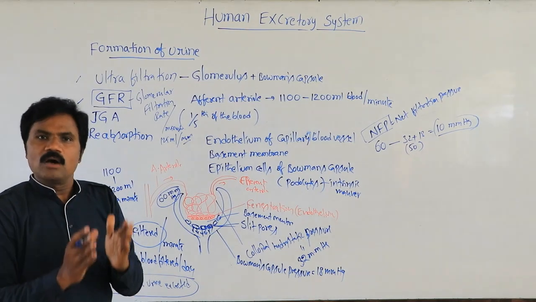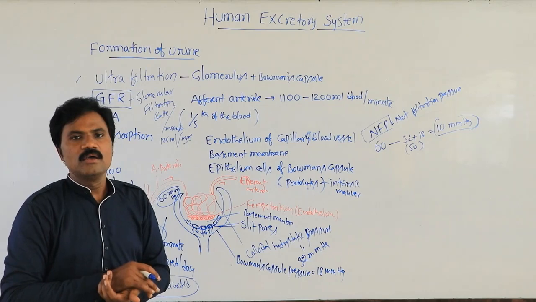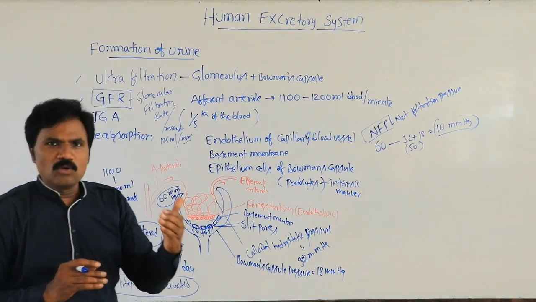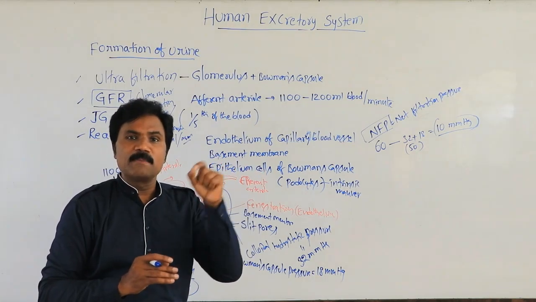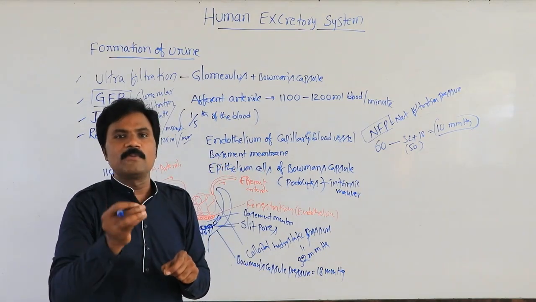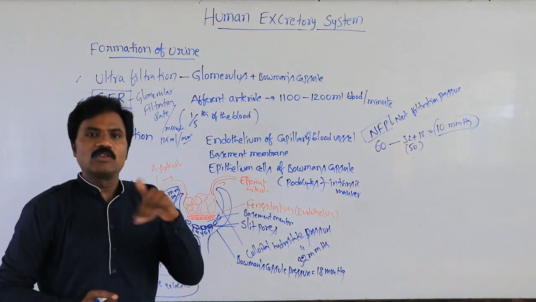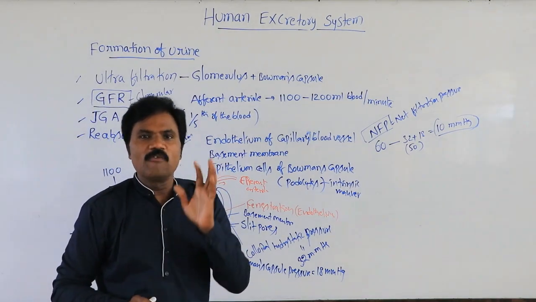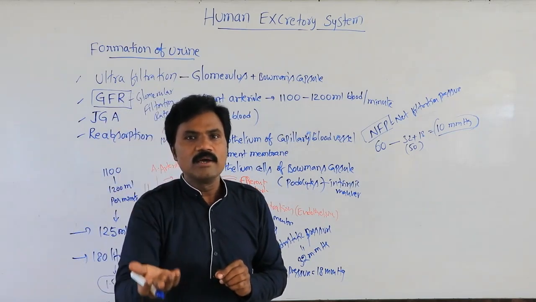What is the glomerular filtration rate? The amount of filtrate formed by the kidney per minute is 125 ml. If you calculate for 1 day, that is 180 liters.